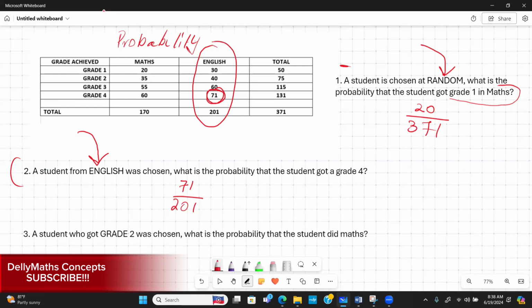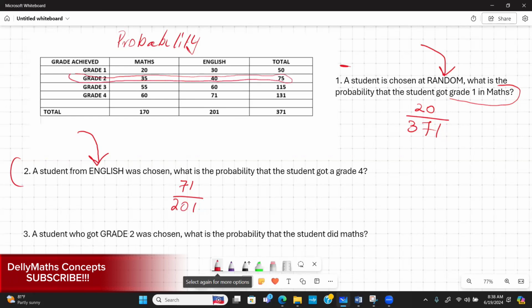Let's take a look at the third question. This one said a student who got grade 2 was chosen. In this case, we're choosing students who got grade 2. So now I need to focus on my grade 2 right here.